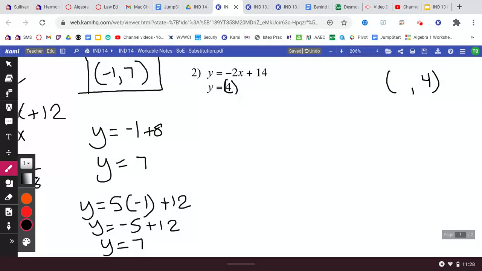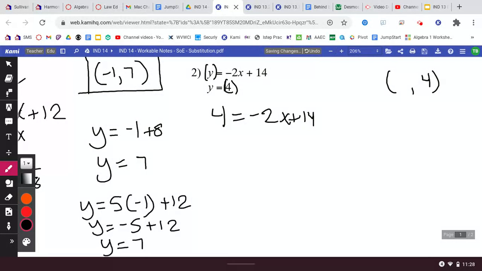Make 4 your clue, which means you go into the other equation and you put parentheses where there's a y, and then you plug that 4 in because we know that y equals 4. So we would have 4 equals -2x plus 14. Dylan, you got all this written down?